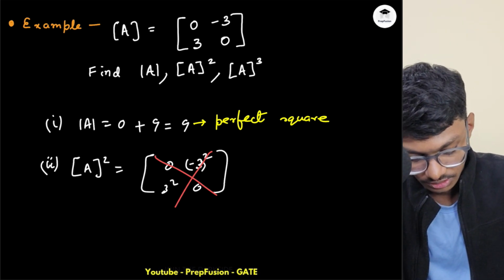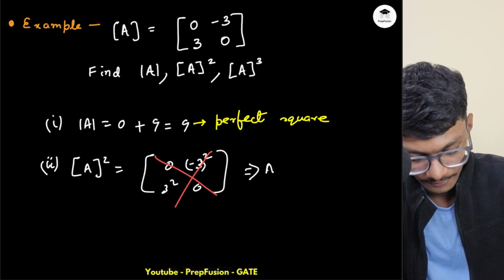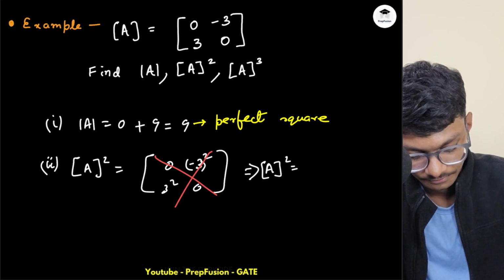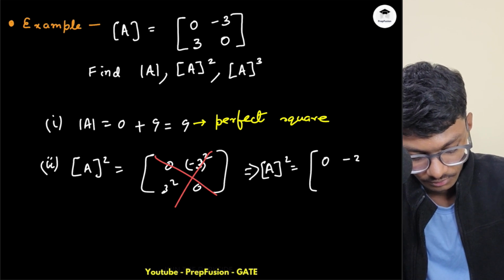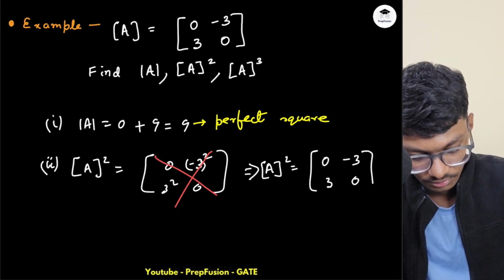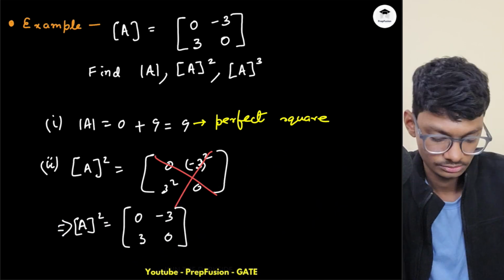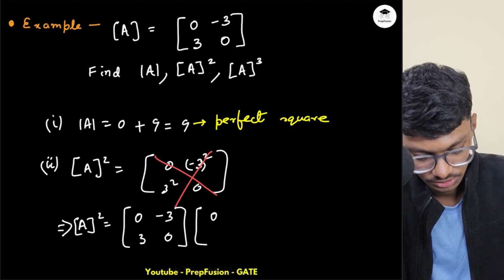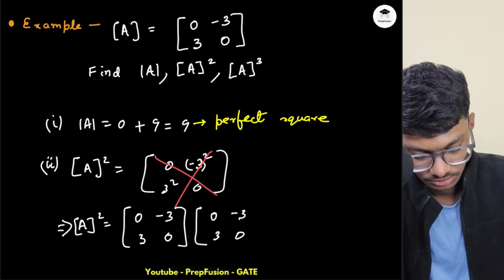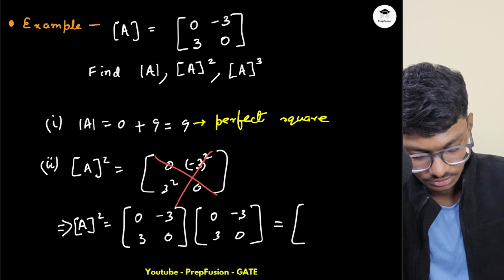What you simply do is A square equals the matrix 0, minus 3, 3, 0 multiplied by itself, which gives minus 9, 0, 0, minus 9.